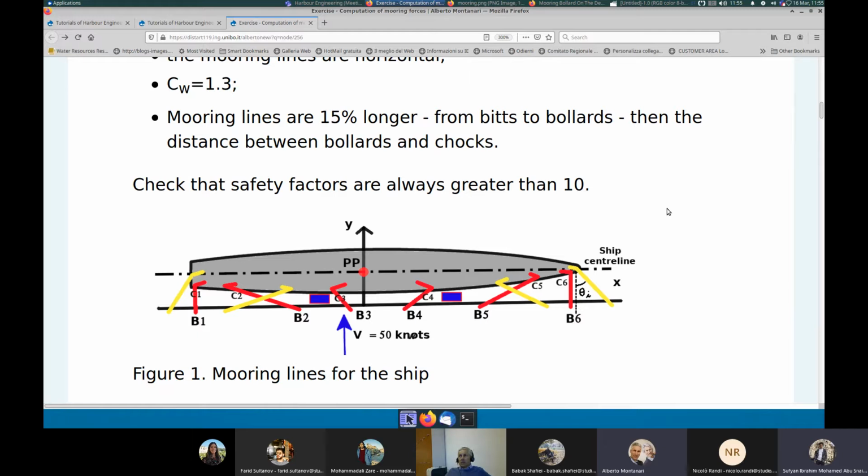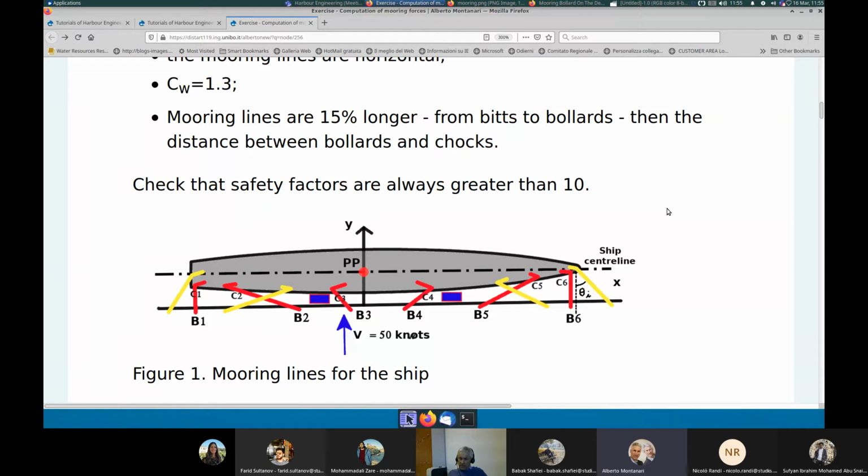So yes, in structural engineering, but for the mooring lines, usually a very large safety factor is adopted, because it is a process that is subjected to large uncertainty. Think, for instance, of the computation of the wind forcing and the wave height.